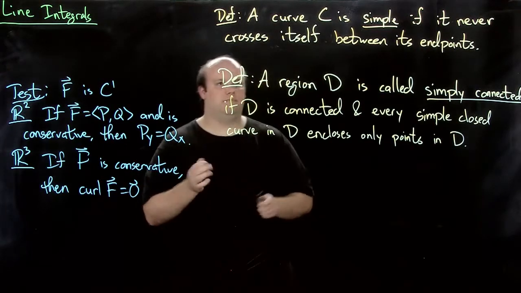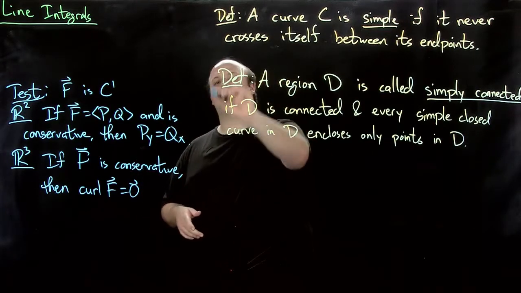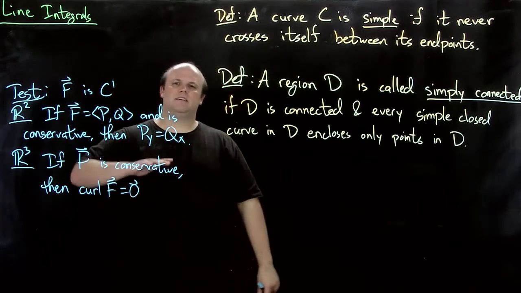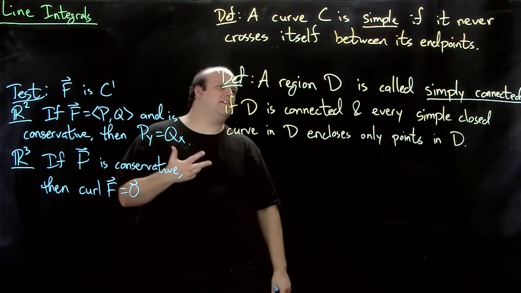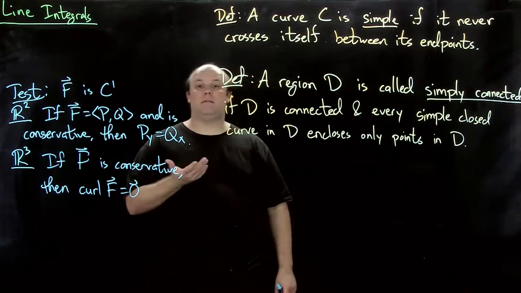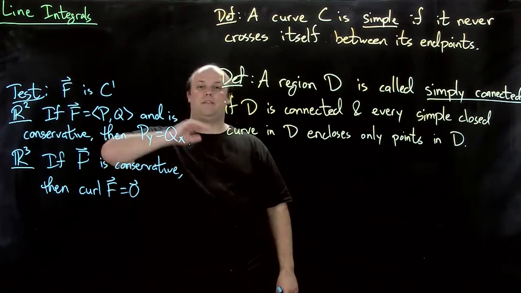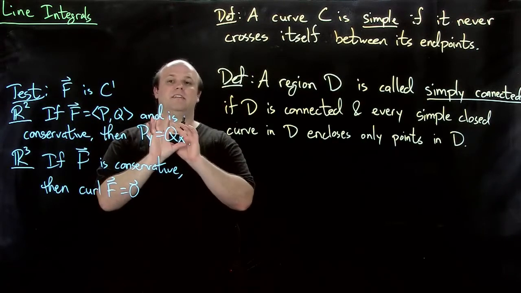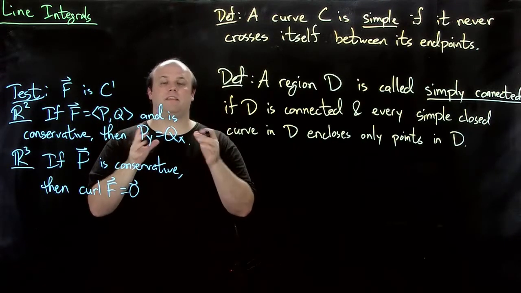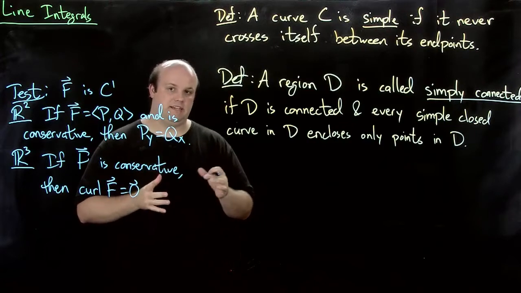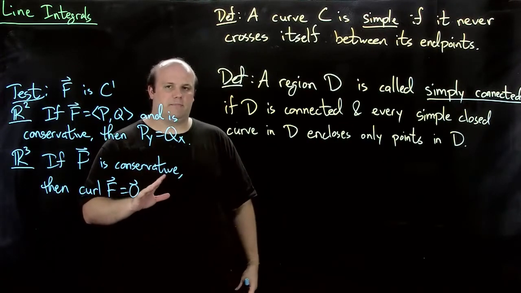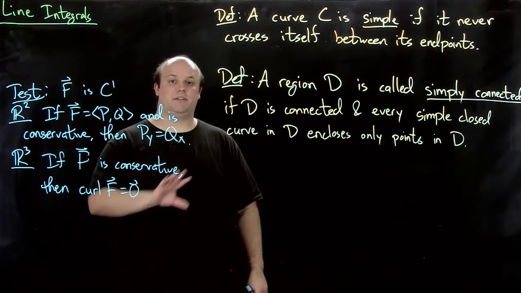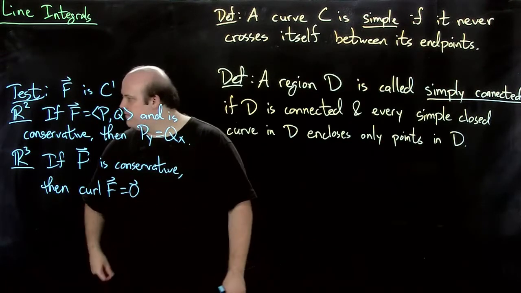Now, this is the easiest definition for the 2D case. In the 3D case, you actually replace it with: can it be filled in, or can it be the boundary of something that only contains points in D? So we're not going to talk about simply connected for 3D, just 2D here, okay?